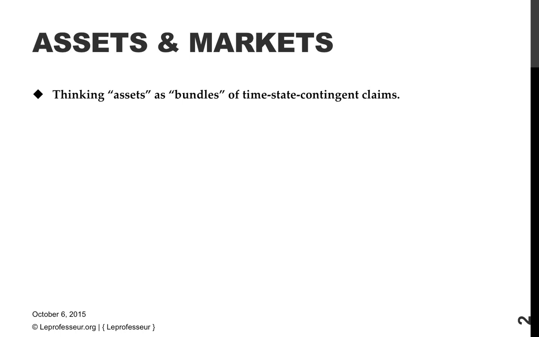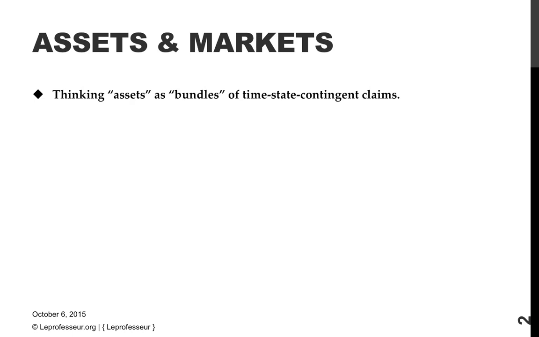Assets are simply bundles of time state contingent claims. So what it means is, think about you're going to receive some claim, or let's say an insurance company is going to give you a claim after 3 or 4 months.